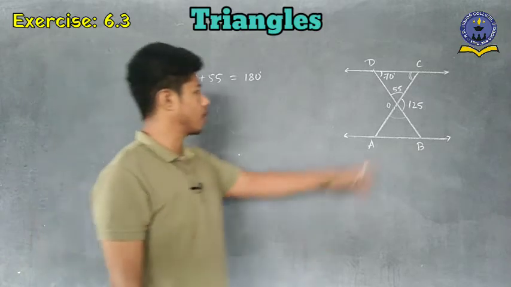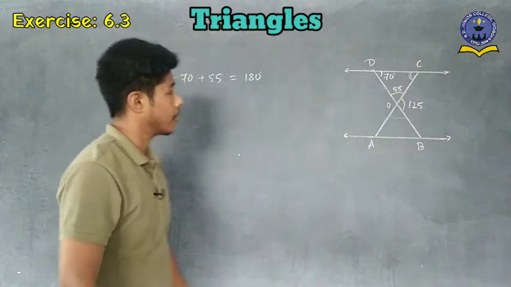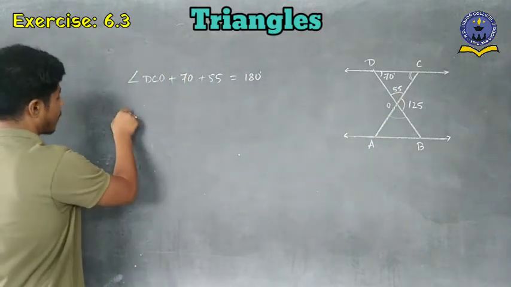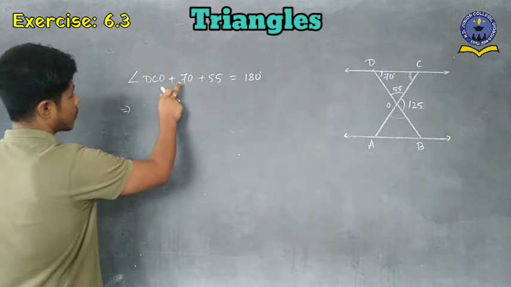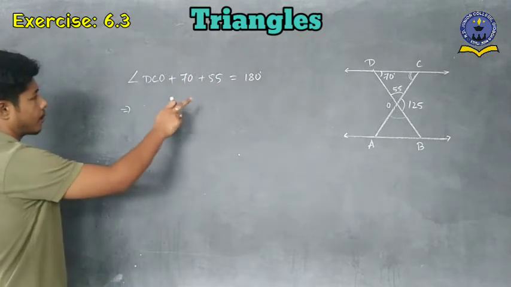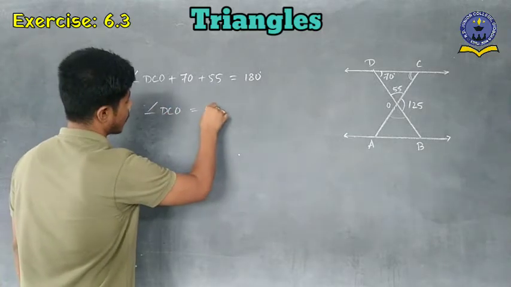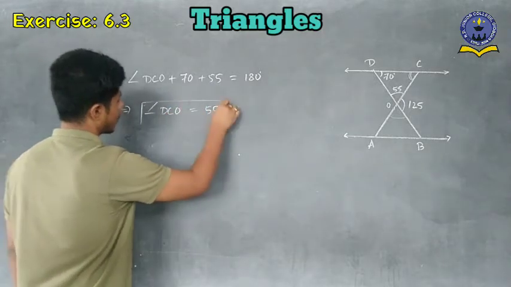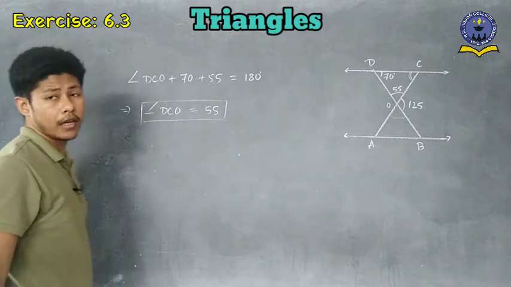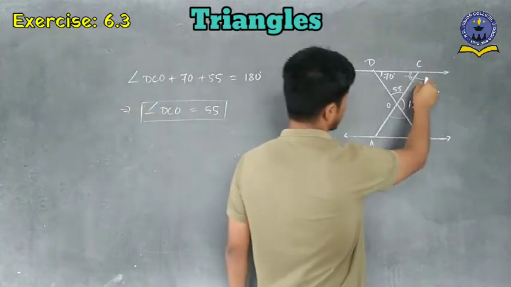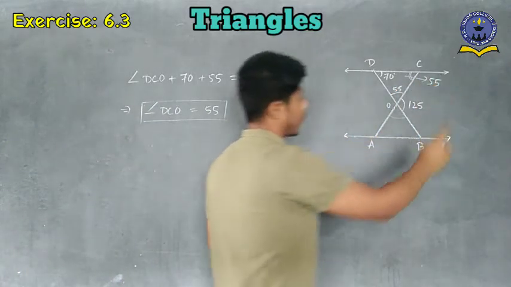Why? Because the sum of these three angles is 180 degrees. From here, if you calculate, 70 plus 55 is 125. So ultimately DCO is also 55 degrees. Is it clear? So this angle is also 55 degrees.